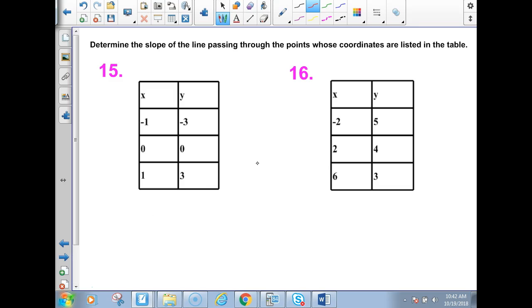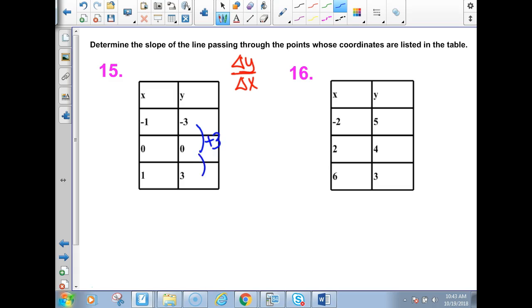Okay, please look at 15 with me. Remember that slope is the change in y over the change in the x's. Nice to think of it that way because what's the change in the y's? If you look at these numbers, how are they changing? Are they going up 3, down 3? Up 3.